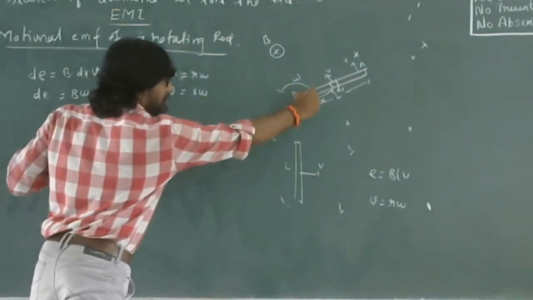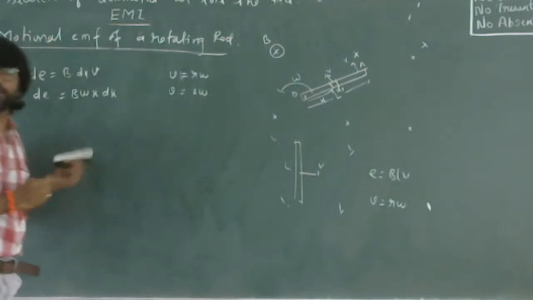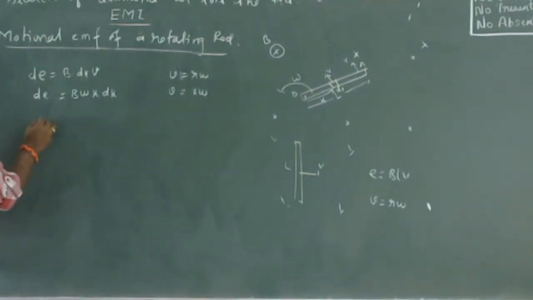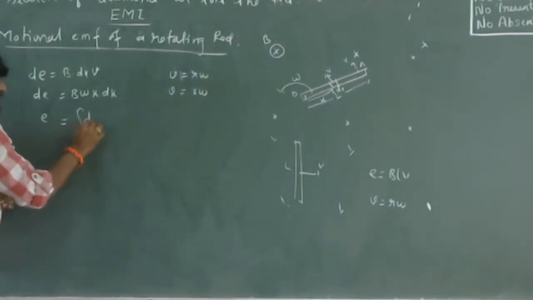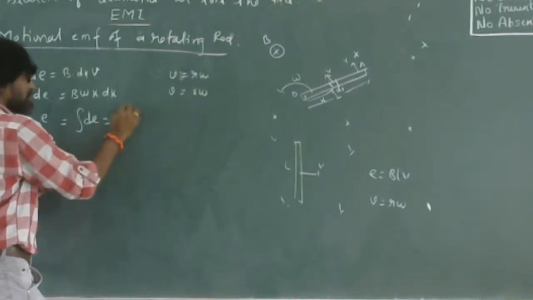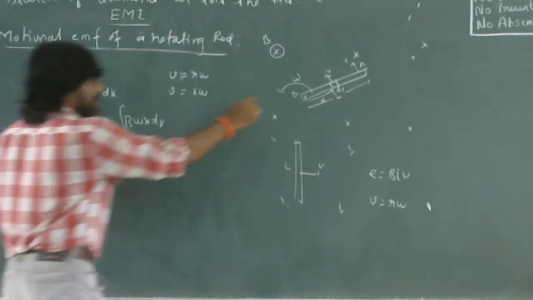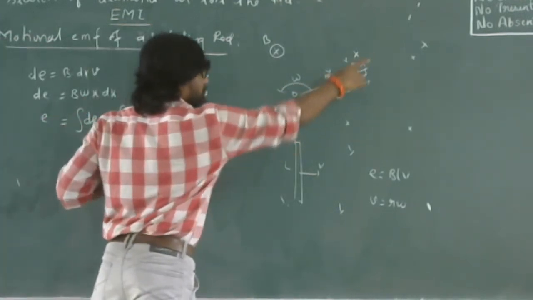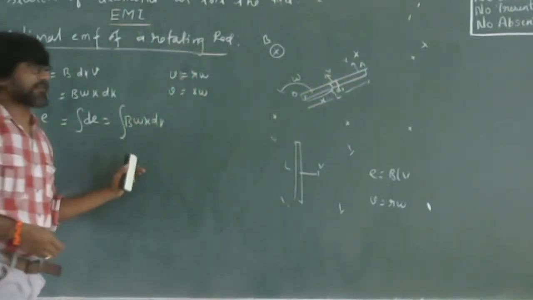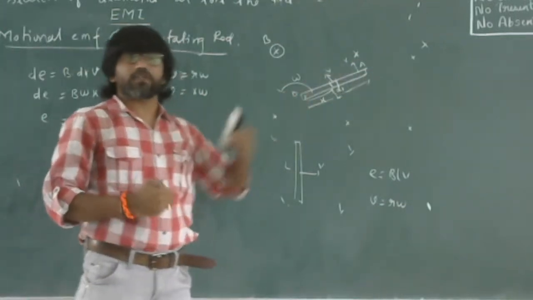Like this, a number of identical elements are divided. So the total EMF is E = integral of dE, which can be expressed as the integral of B omega x dx, where x is the variable. From where to where does it change? From 0 to L. So B and omega are constants, only x is the variable.